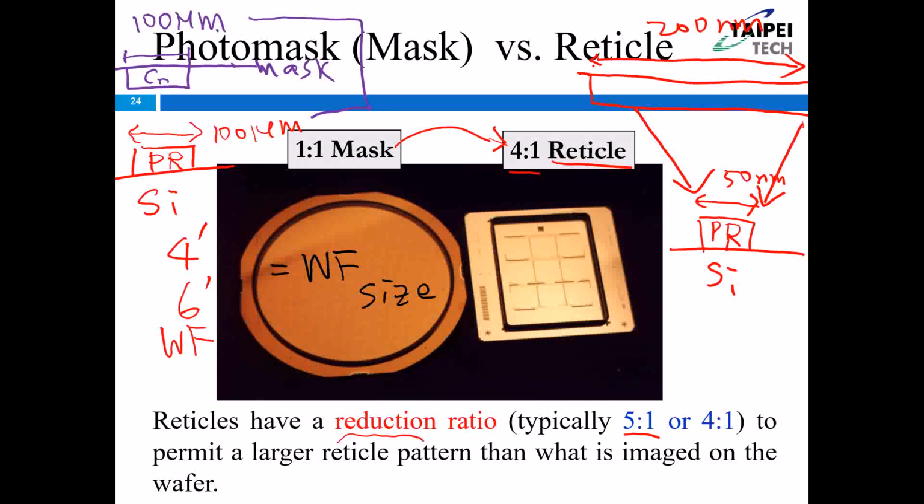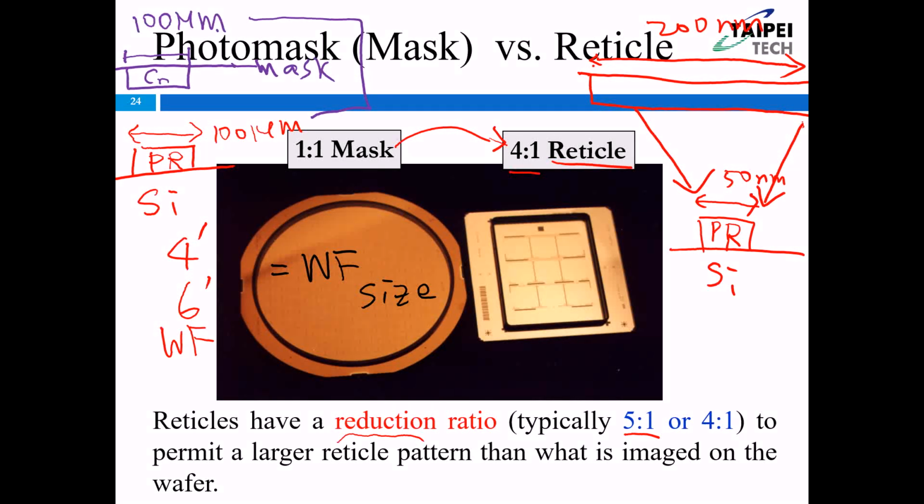the reticle. The reticle, because we want to fabricate the large pattern of the reticle. For the process, it's much easier to fabricate this reticle with the large size.